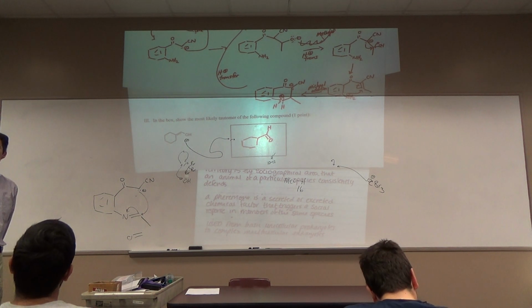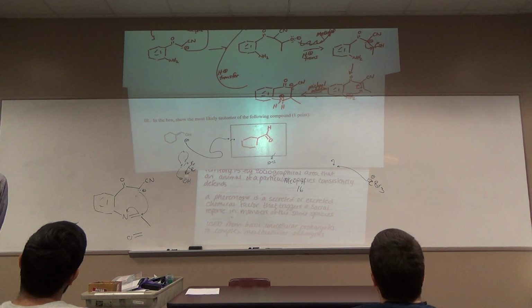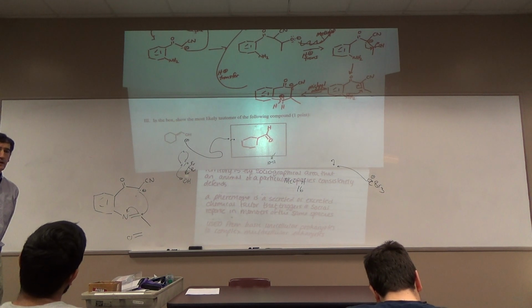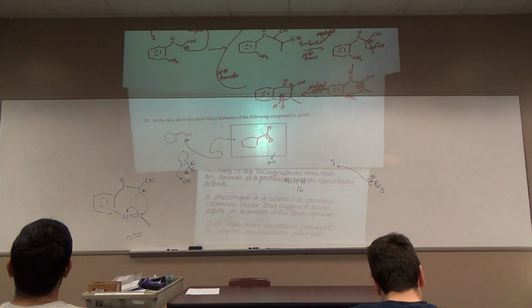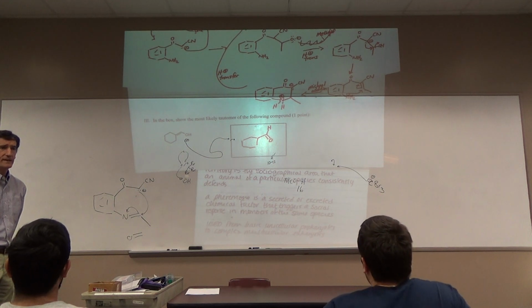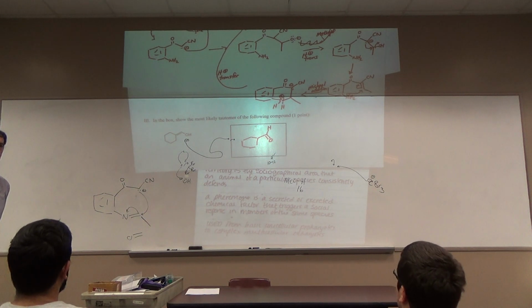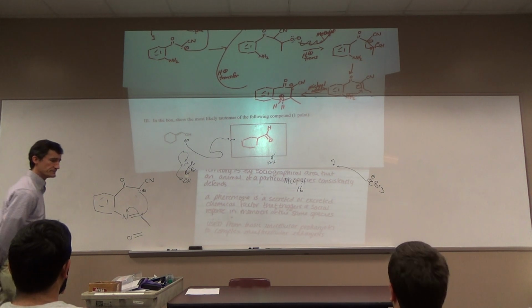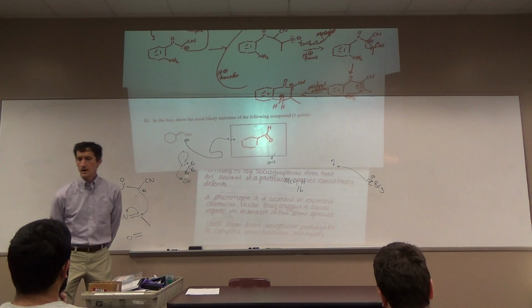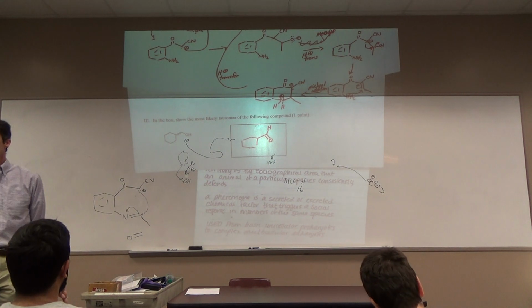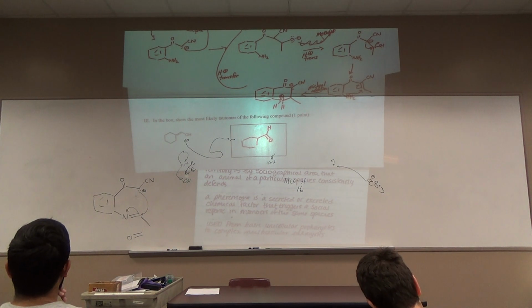Aldol reactions, and we did Claisen, Dieckmann. Then we got into Michael reactions, adding nucleophiles beta. Then we ended up with a Robinson annulation.